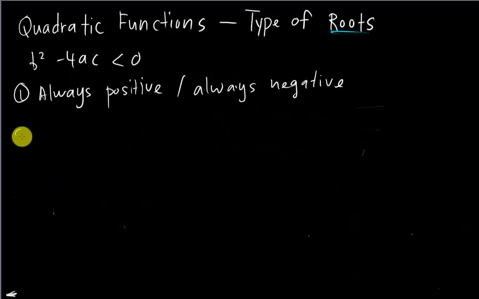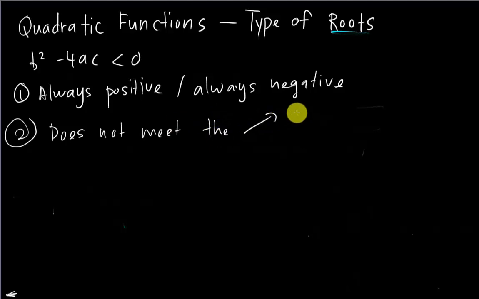Another type of wording that tells you b squared minus 4ac is less than 0: sometimes they will say it does not meet the x-axis, or sometimes they can say the curve does not meet the straight line. It's the same thing.